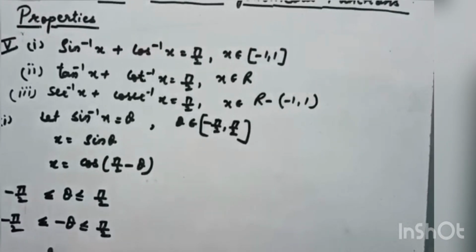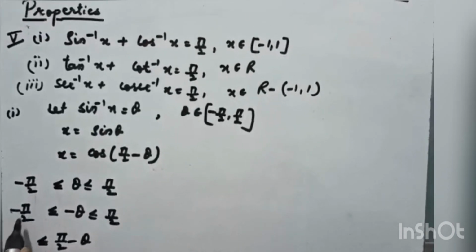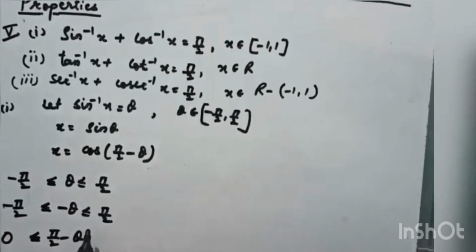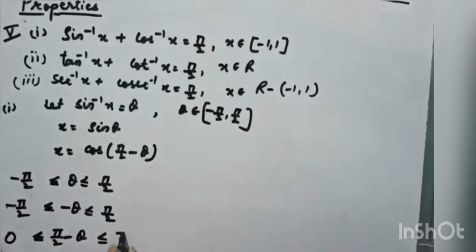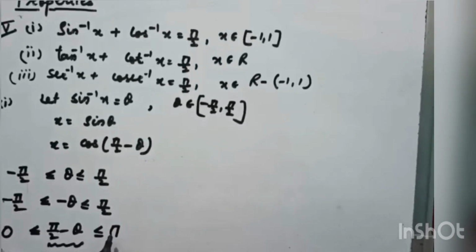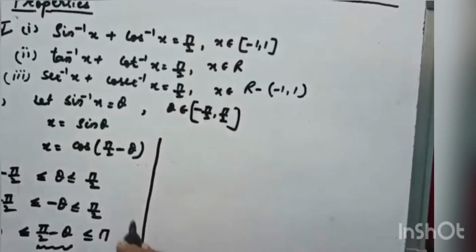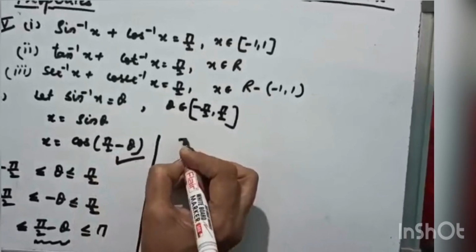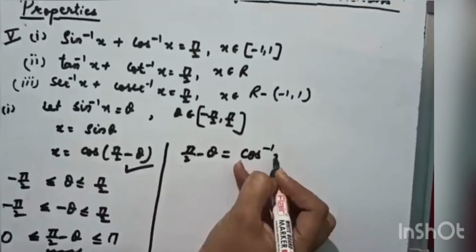So if we want to write pi by 2 minus theta, this is equal to pi by 2 minus pi by 2, which is 0, and pi by 2 plus pi by 2 is pi, meaning pi by 2 minus theta is greater than or equal to 0 and less than or equal to pi.